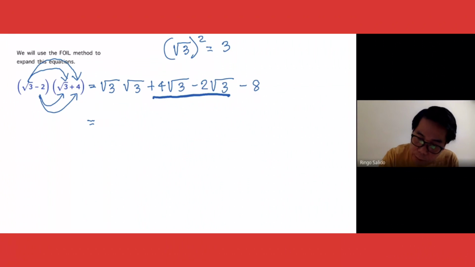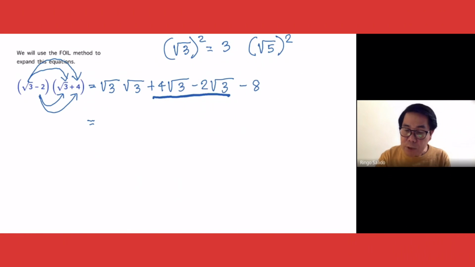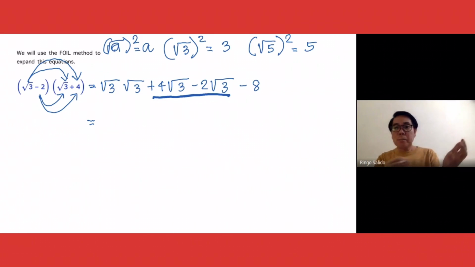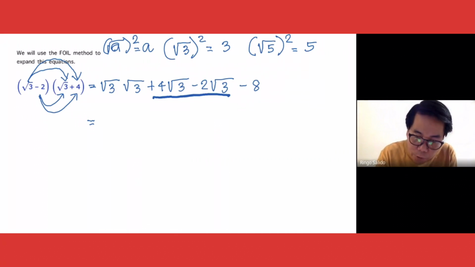Root of 5 times root of 5, or root of 5 squared, will give us the same number as the original, which is 5. In other words, root of a times root of a will give us a. So therefore, root of 3 times root of 3 will give us 3.